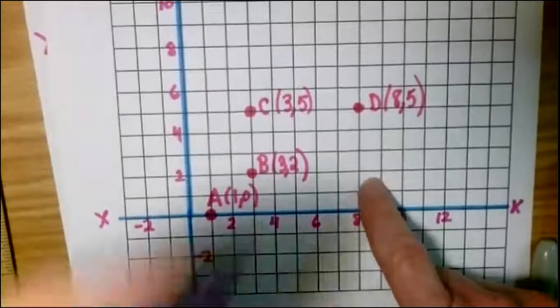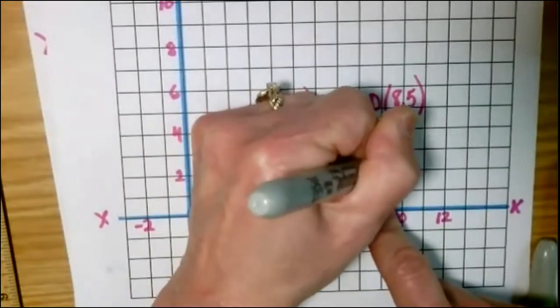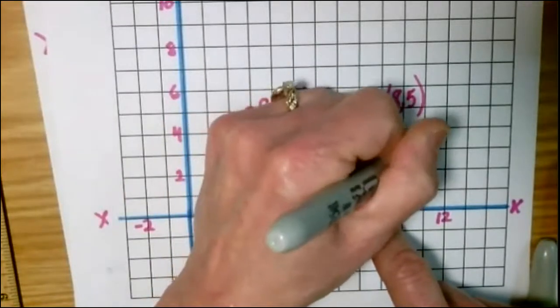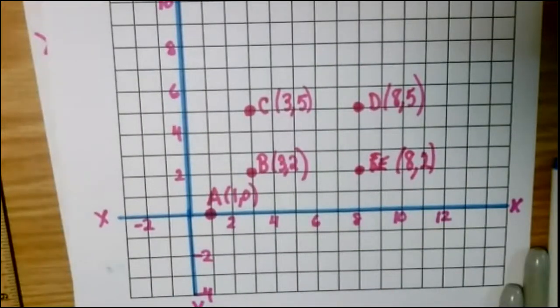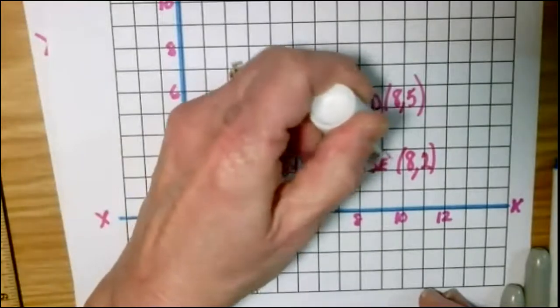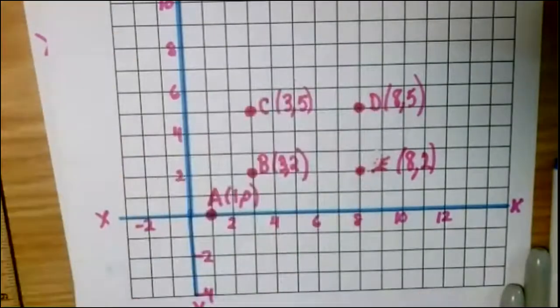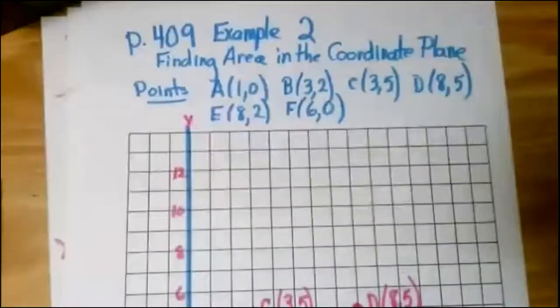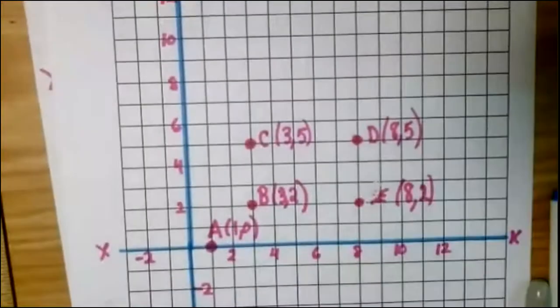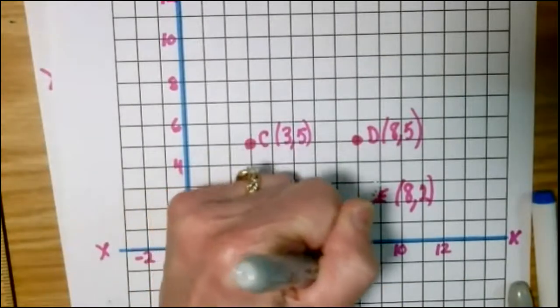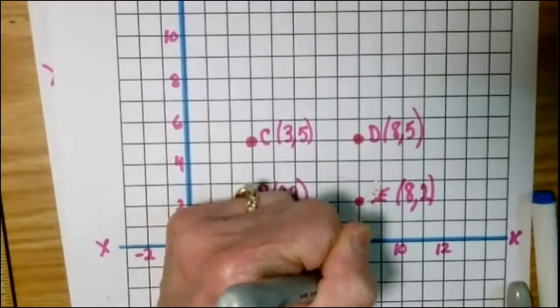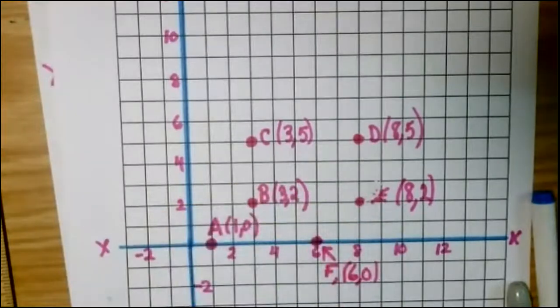This is E. Oops. I'm going to get rid of my little mess there. 8, 2. I can do that. Okay. And then F is 6, 0, right over here. That's F, 6, 0.